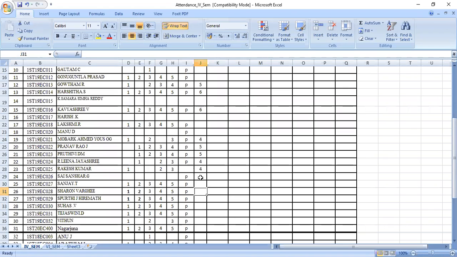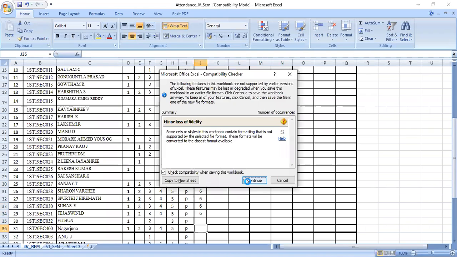Sai? Sorry, ma'am. Okay, Sai is absent. Sanjay? Present, ma'am. Sharon? Present, ma'am. Shruti? Present, ma'am. Suhas? Present, ma'am. Tejashwini? Present. Mithun? Nagarjuna? Present, ma'am.